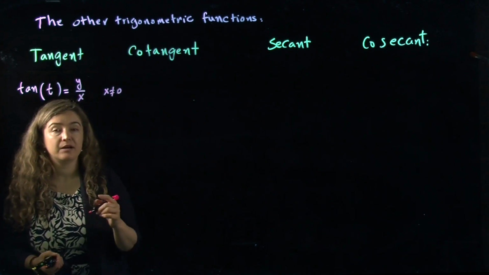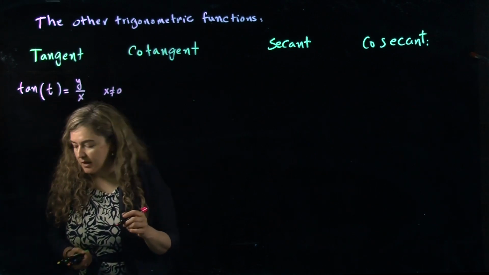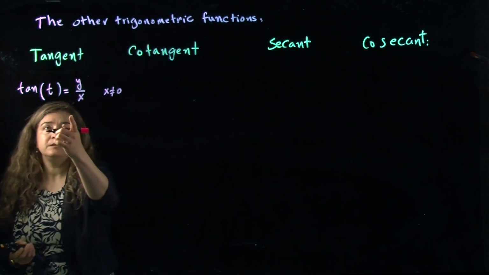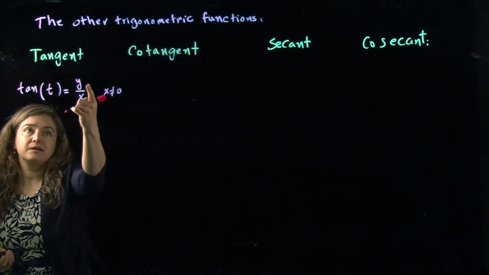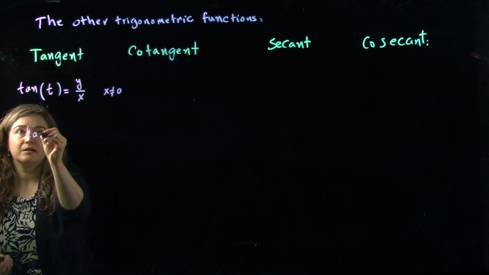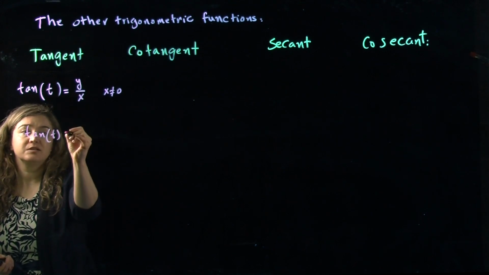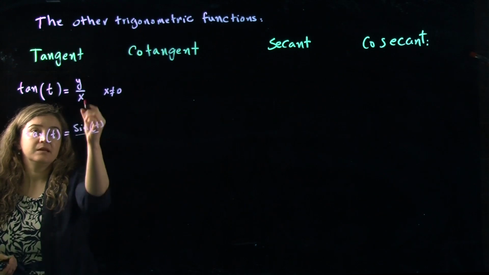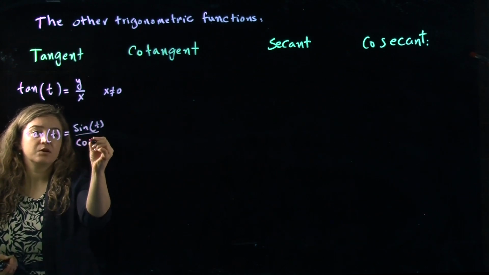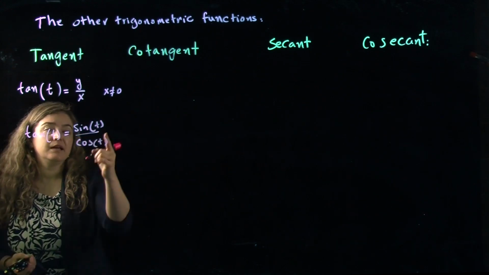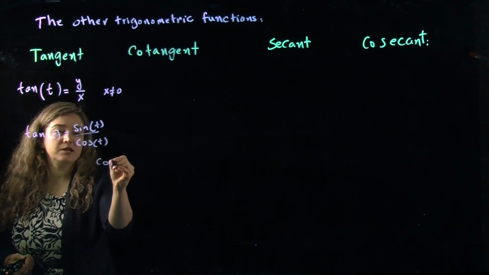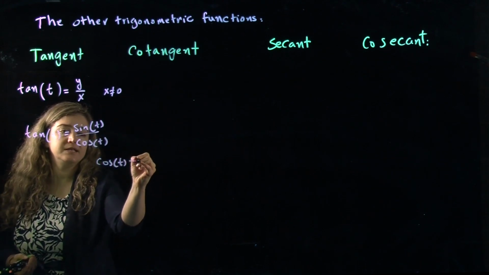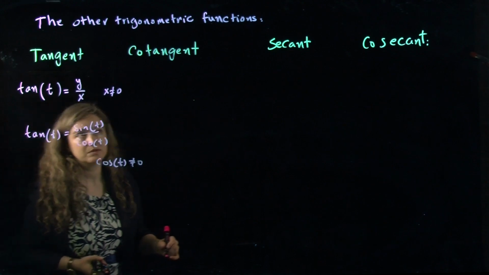So it's only defined when x is not 0. The other way to express this: y was the sine of t, and x was cosine of t. Again, in this definition, you have to say where cosine of t is not equal to 0.